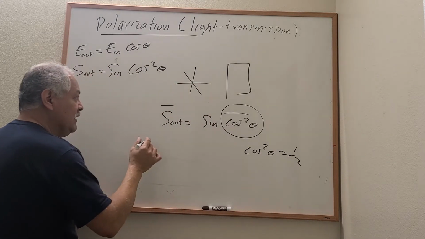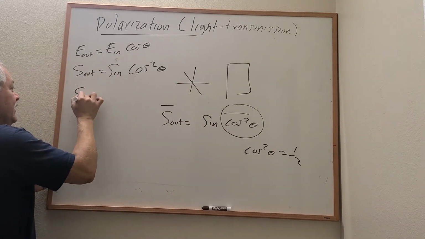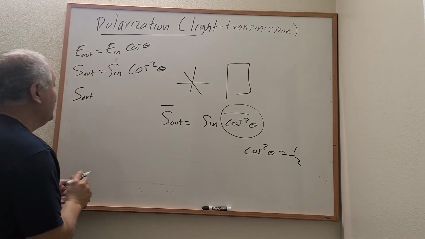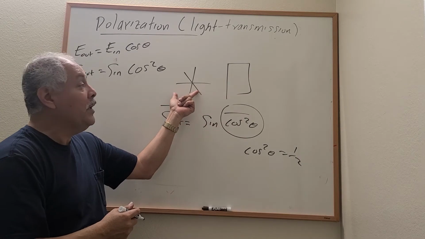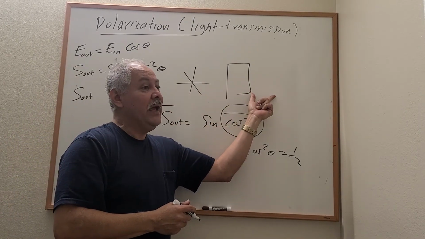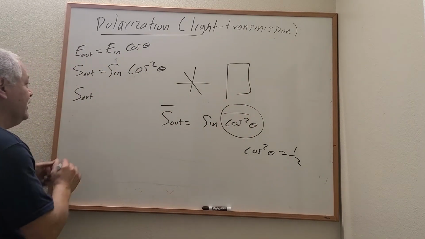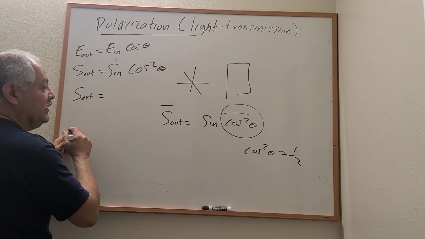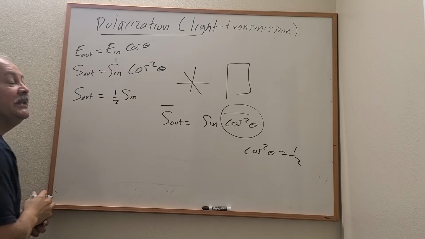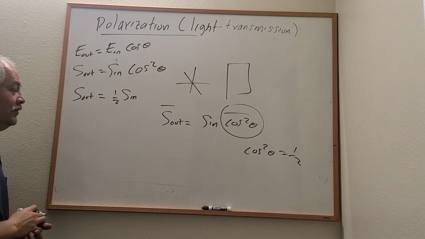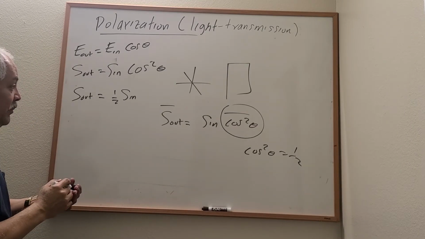Okay, and then we have that this intensity, which is polarized only when we go from unpolarized to the analyzer, gives this result. It's going to be 1/2 of the original intensity. Correct? Okay, perfect.